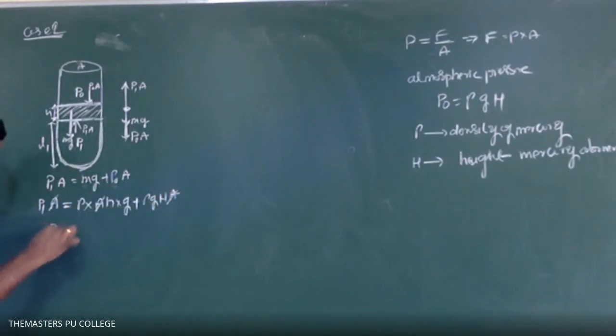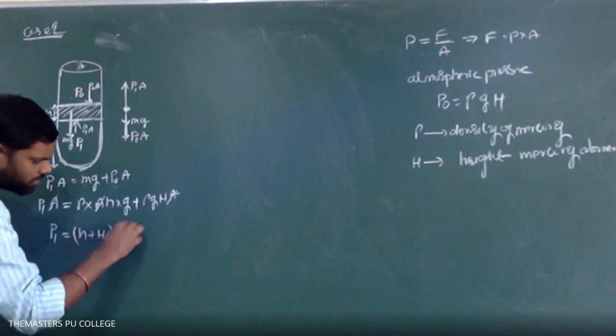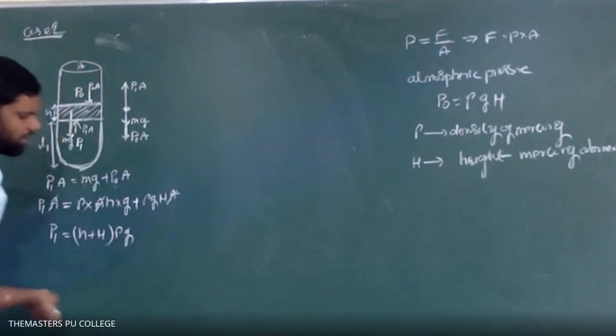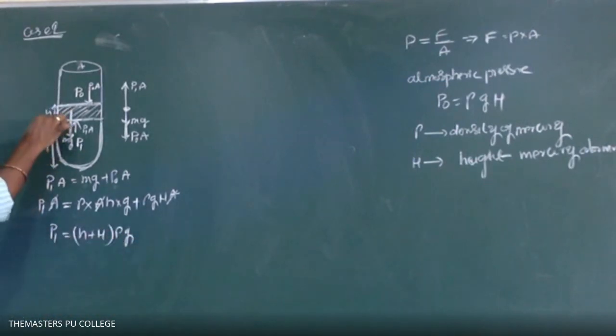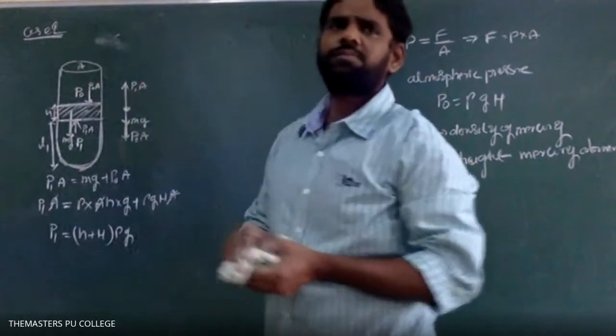Then P1 equals, rho G is common, so I can write H plus capital H into rho G. So this is it. Let us see the last one. So this is about the case, I understood this case.